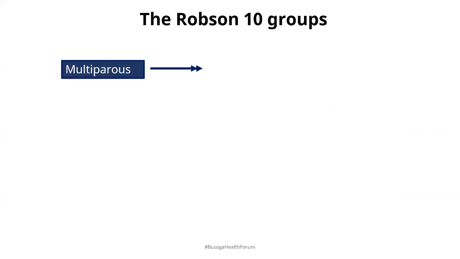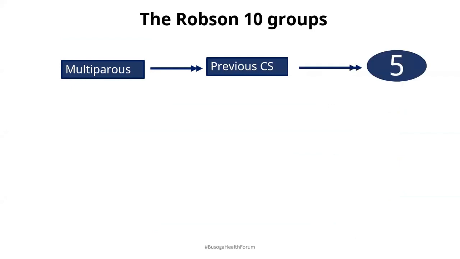Then we continue and ask ourselves, okay, she's not a nulliparous, she's a multiparous. Does she have any previous scar? If yes, then all of these belong to group 5.